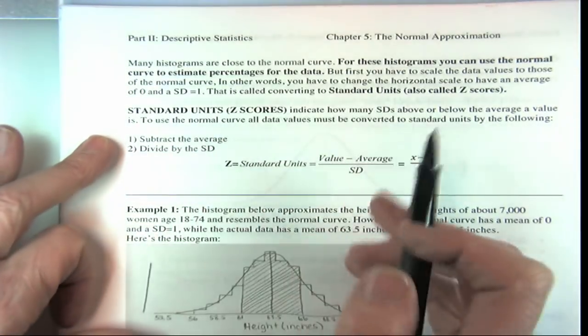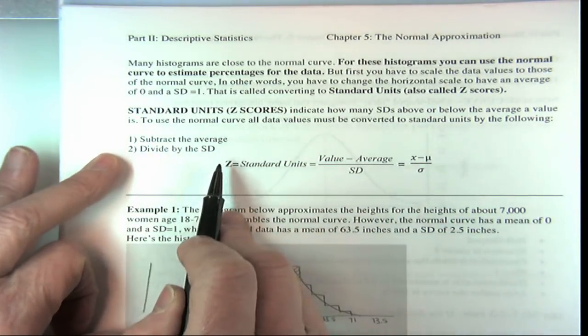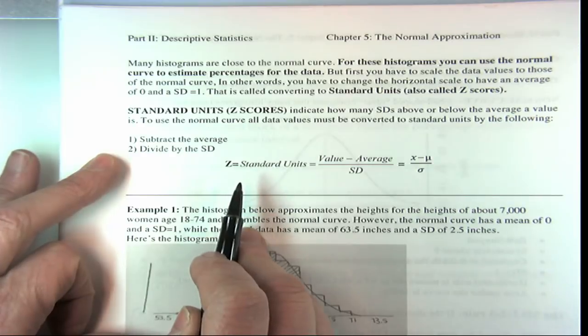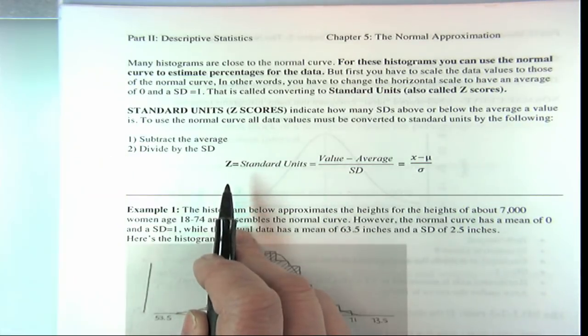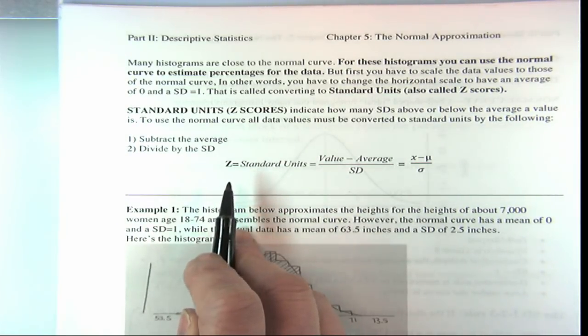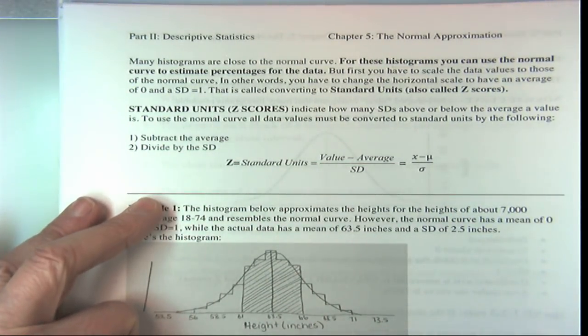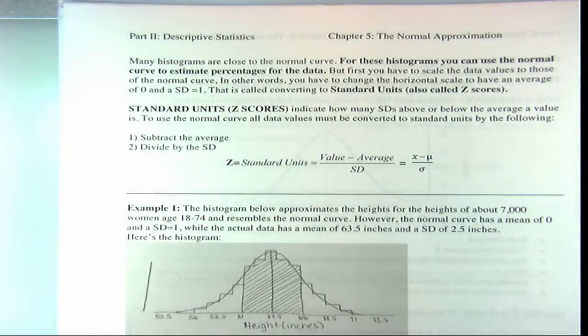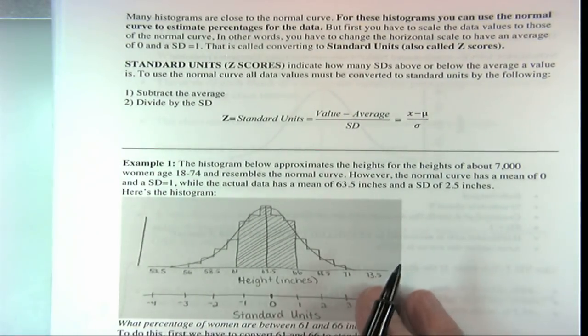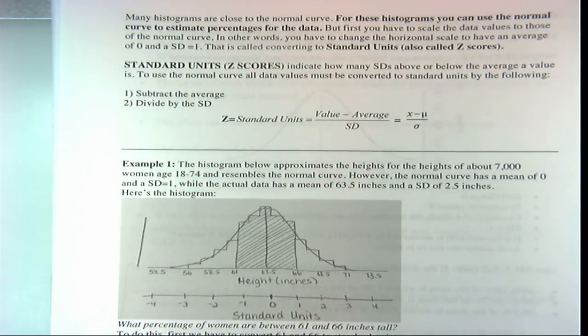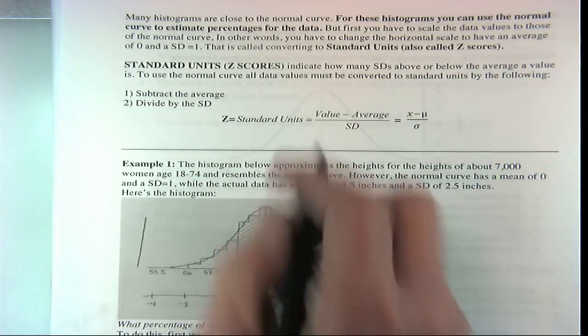So that's standardizing. You subtract the average and divide by the standard deviation, and that changes whatever value you have to z-scores. You can do z-scores with non-normal data, you can do them with anything, but you can't use the normal curve to find areas unless your data is approximately normal. So what does this do?